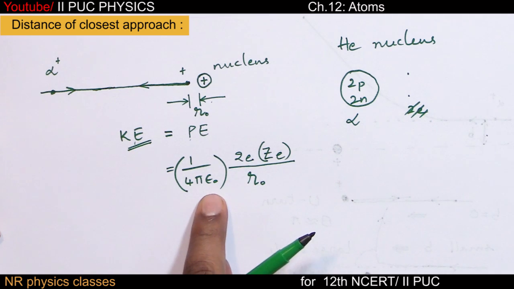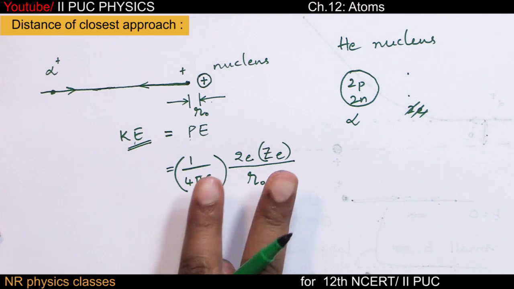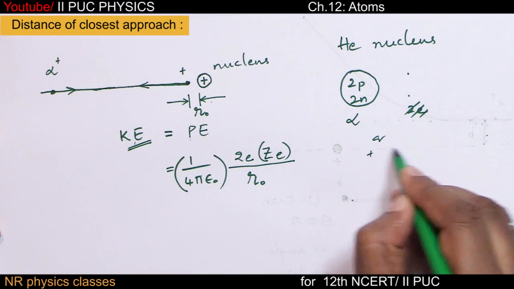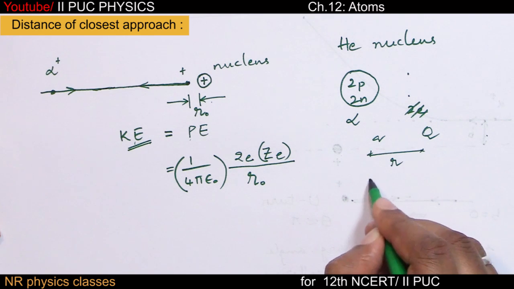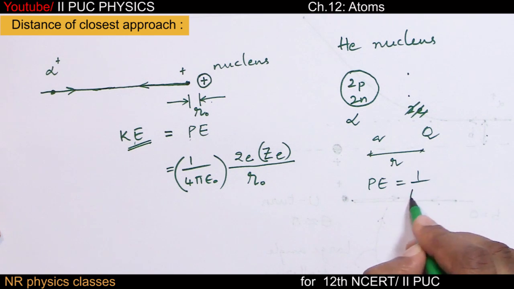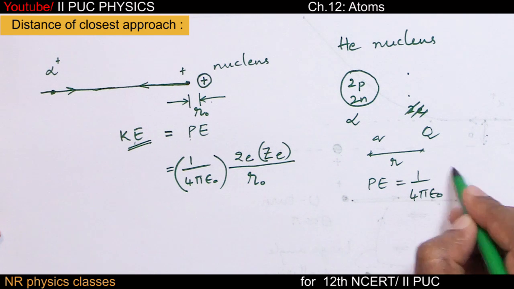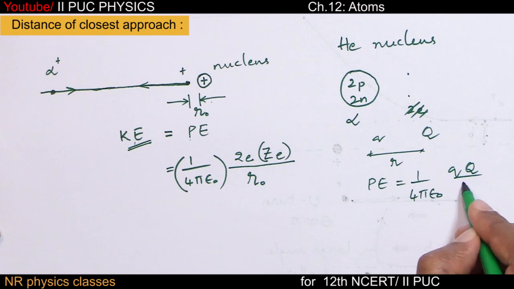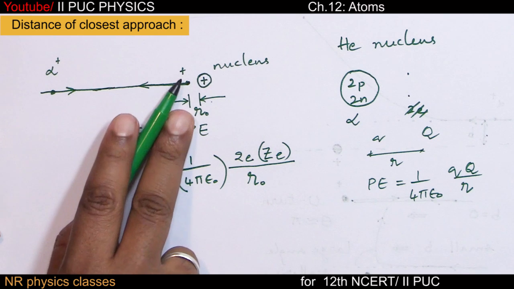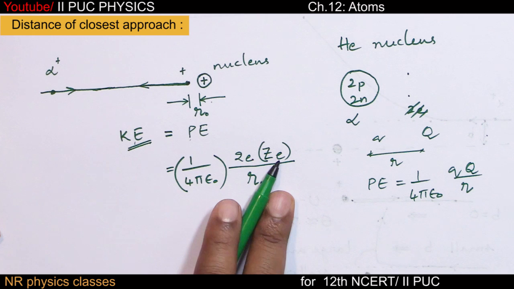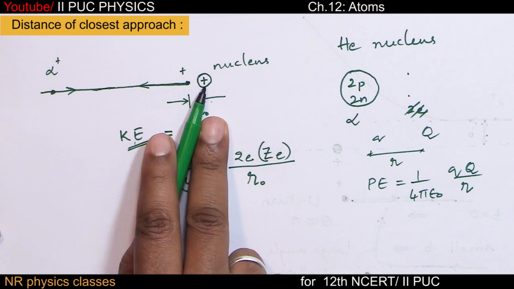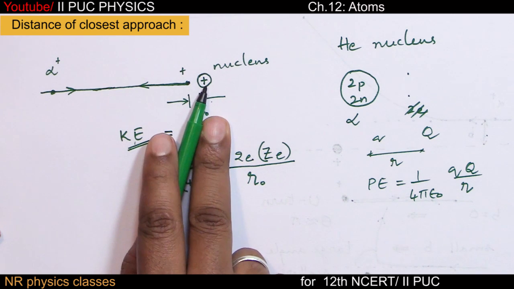So this is potential energy. This you have seen in the second chapter, right? There are 2 charges, Q and Q, separated by a small distance R. Then potential energy is given by 1 by 4 pi epsilon naught Q Q by R. Here the first charge is the charge of the alpha, the second charge is the charge of the nucleus, in this case, the nucleus of gold.